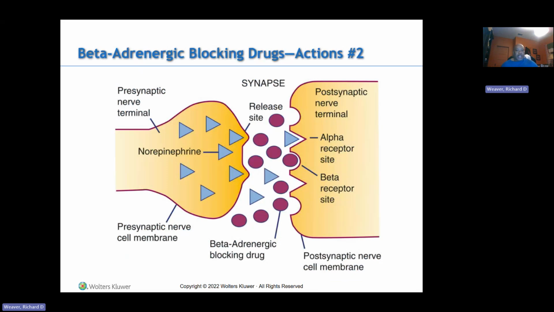All right. So these blocking agents actually stop that jumping, right? And so you get less of a response because they're being blocked.